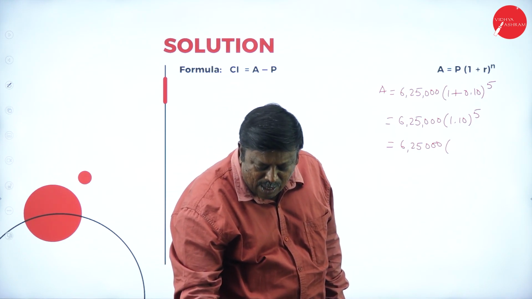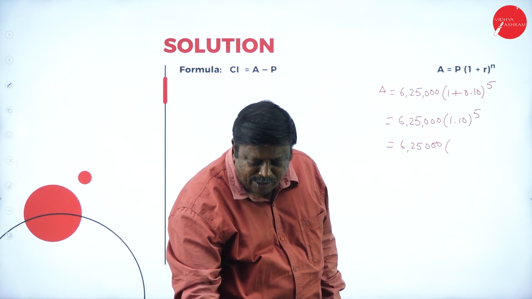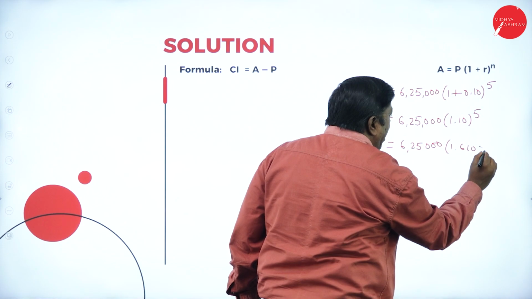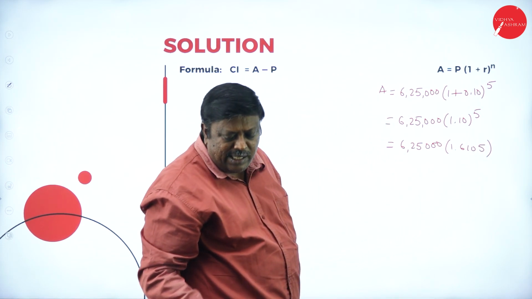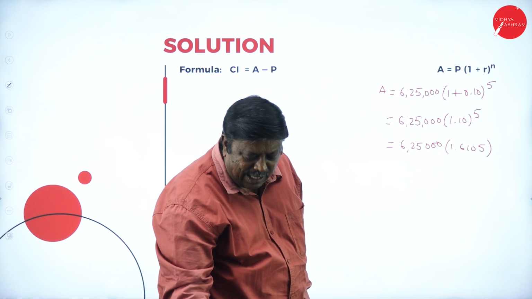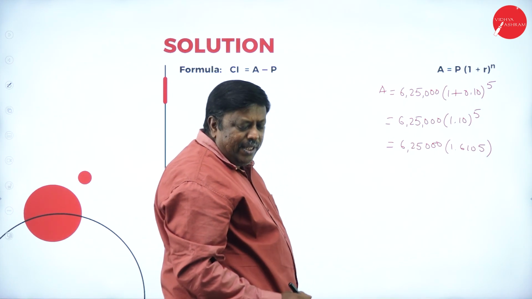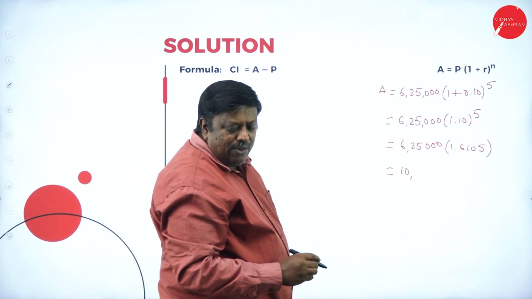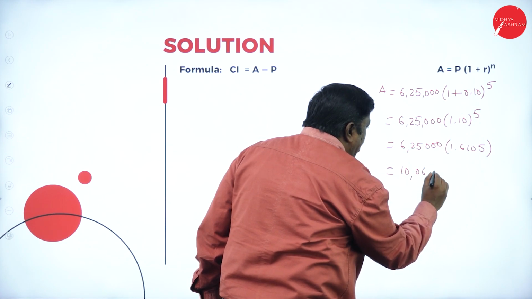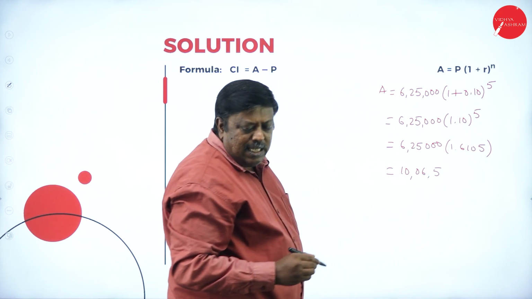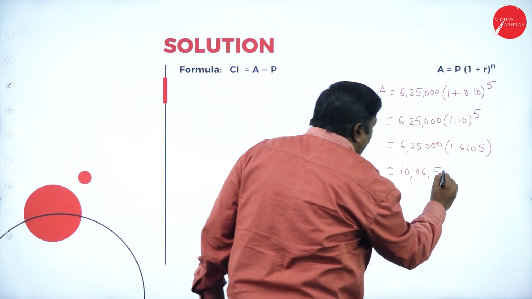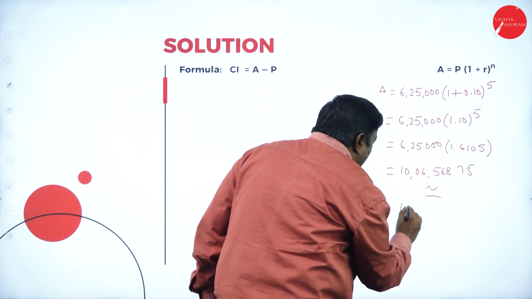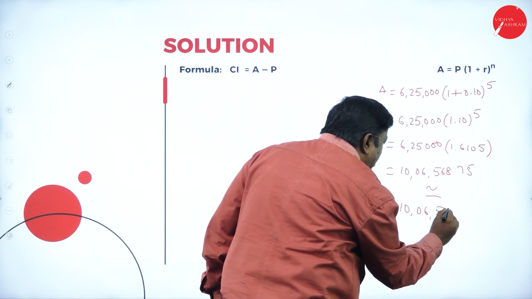6,25,000 into 1.10, 5 times. It will be 1.6105. 1.6105 into 6,25,000 will be 10 lakh 6,568.75, rounded off to 10 lakh 6,568.